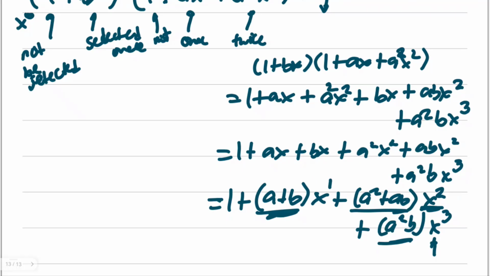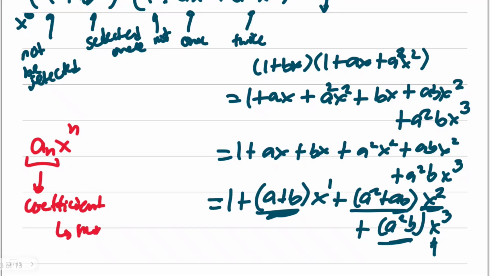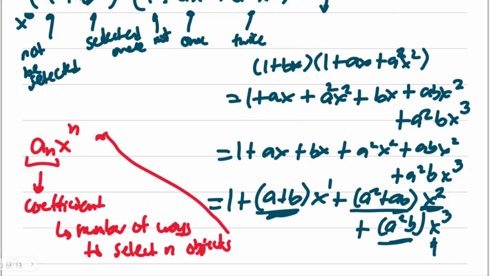This further shows and supports the idea that if we have a sub n x to the power of n, whatever that coefficient will be, whether or not it's a result of operations or identities or the application of both, this coefficient also indicates the number of ways to select n objects, as supported by this illustration for multi-set and in the previously provided video for non-multi-set.